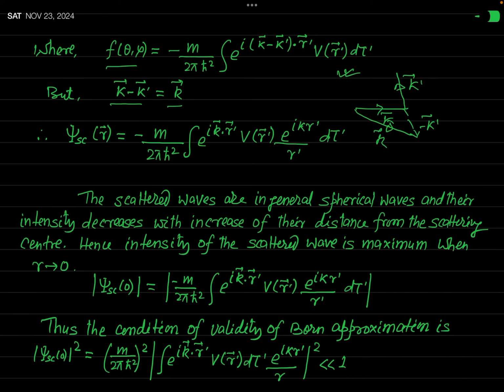In fact, this kappa is also a wave vector. So if we substitute kappa instead of k minus k dash, then psi Sc is given as this much.